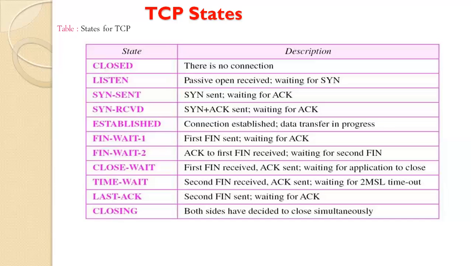Then FIN wait two state means that it is waiting for all packets to die off, or waiting for acknowledgement of the first FIN received. After receiving the first FIN acknowledgement, it is waiting for the second FIN.